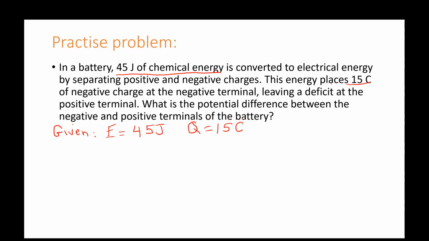Okay, so what is required for this problem is I want to know what the potential difference is. So I'm going to write PD in short, which is also equal to voltage. And we have to do this in volts, which is V, right?